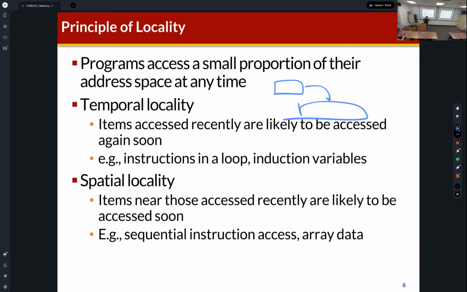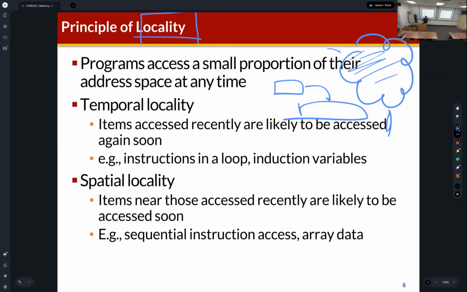And then this property is called locality. Locality means that if some material is equally distributed in some space, then we call this equally distributed, which means that there is no locality.